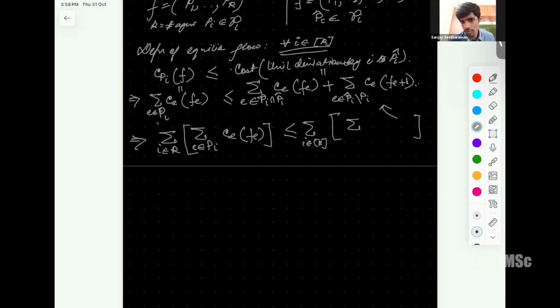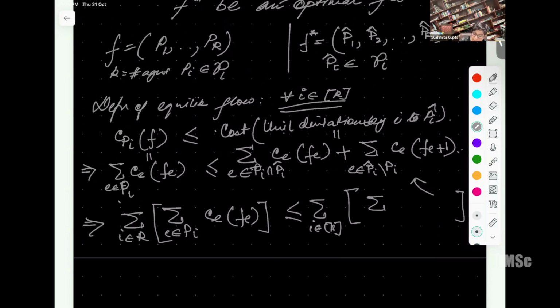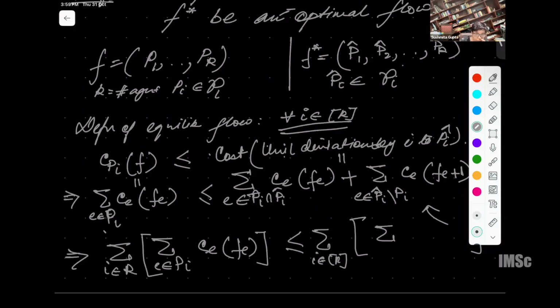In the sum, the PI hat should be chosen appropriately for each agent type. I'm saying it symbolically; by definition, PI hat is the path adopted by agent I in the optimum flow.